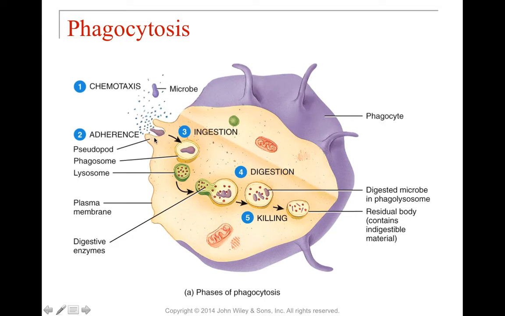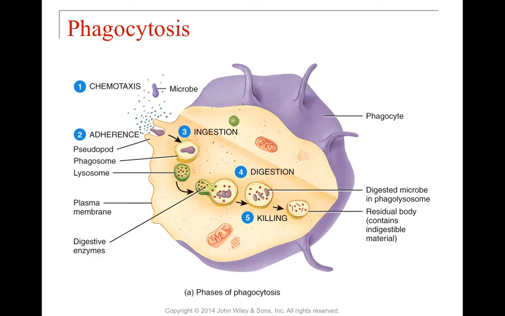The microbe becomes adhered to the inside of these little pseudopod regions and eventually engulfed in a phagosome, which is the process of ingestion. And then it's going to be digested by way of a lysosome adhering to that phagosome. The lysosome is going to have digestive enzymes in there. Those digestive enzymes, when combined with this foreign body, are going to break it down into things that we can hopefully reuse.